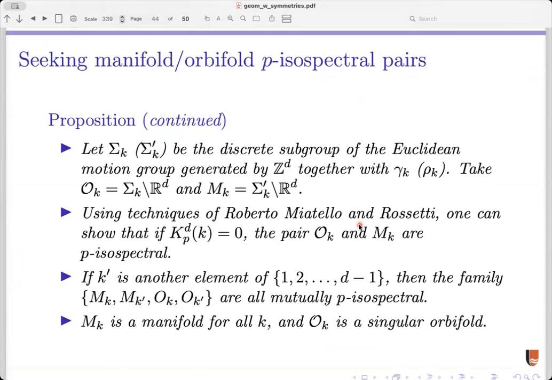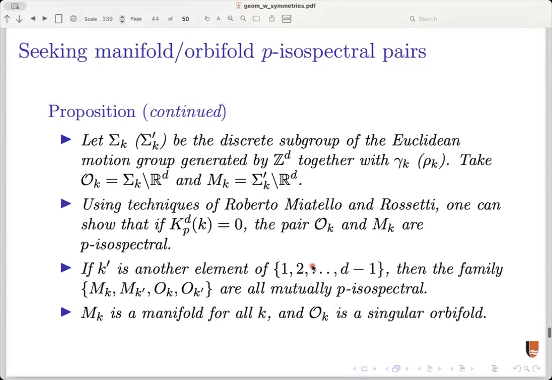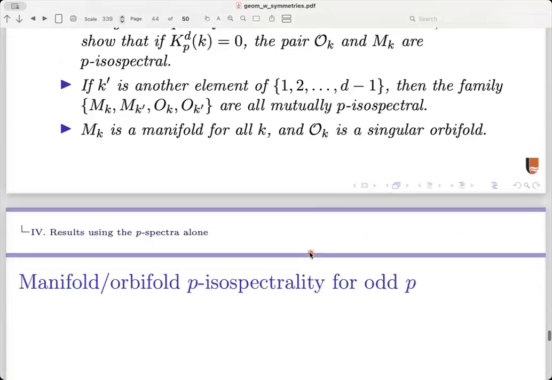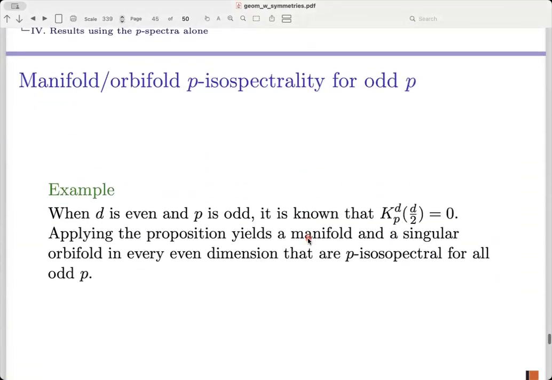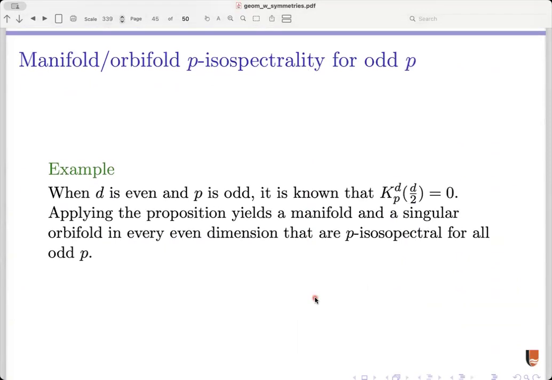It asserts there's a technique to get isospectral orbifolds and manifolds. There's a big if. Where's my if? Right, if the Krawtchouk polynomial vanishes at k, right there. And I will say we're in that nice combinatoric situation from above because we do get order 2 isotropy for the singular points in O_k. So we can apply all of those tools that we have using the Krawtchouk polynomials. So let's apply this method here.